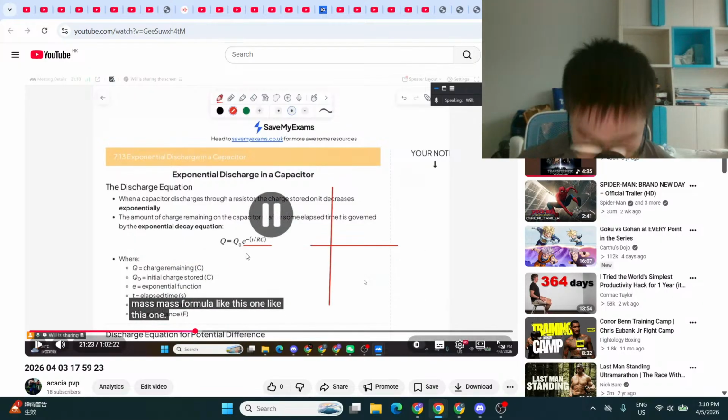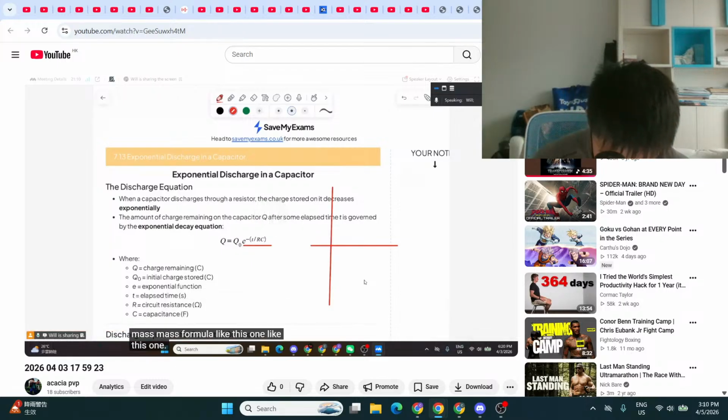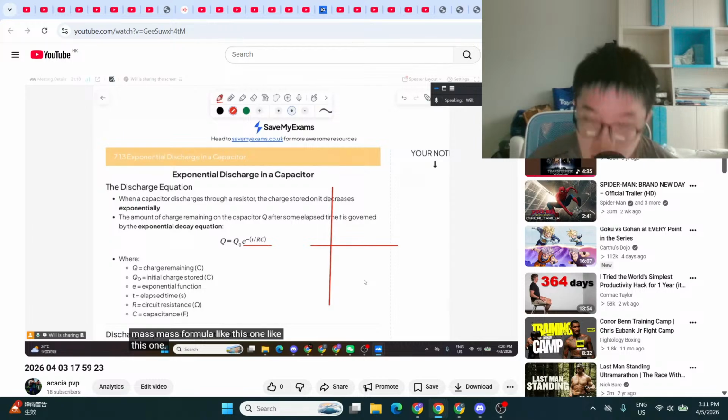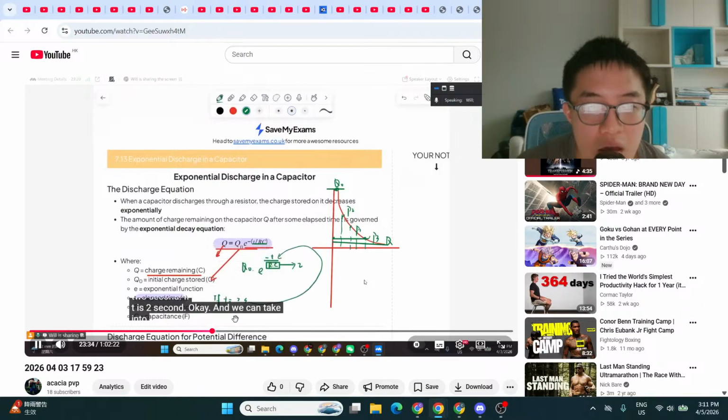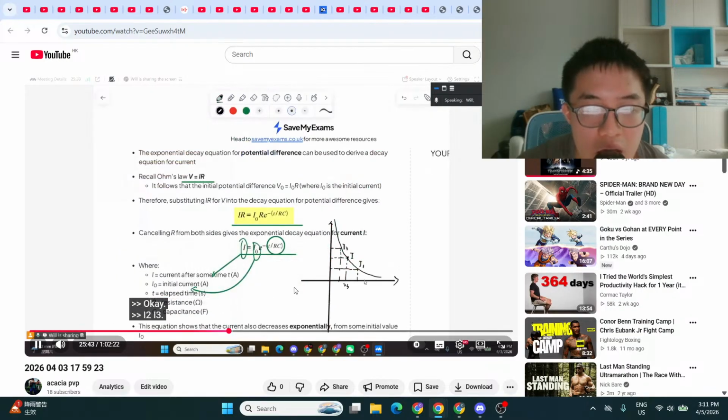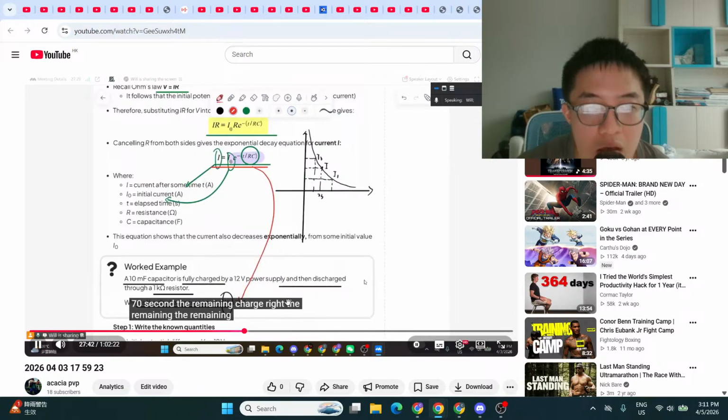Like this one. Okay. Natural log. If t is 2 seconds, we can substitute and get the remaining charge, right? The remaining current. Okay.